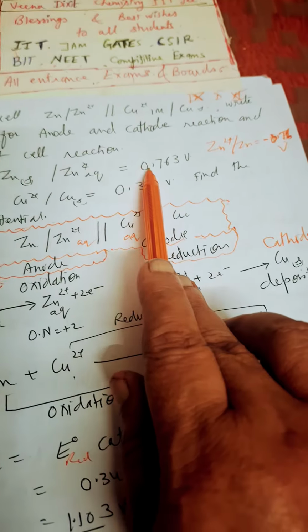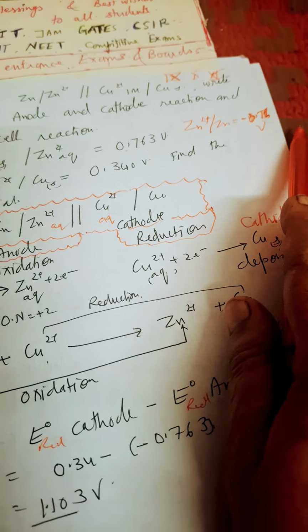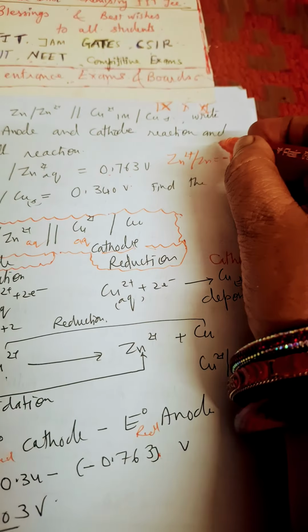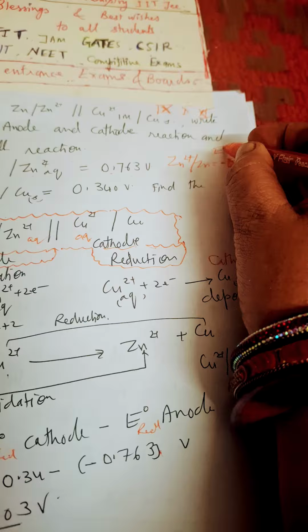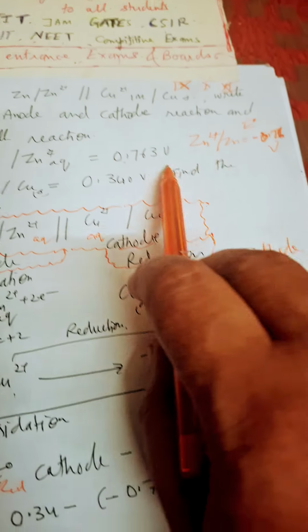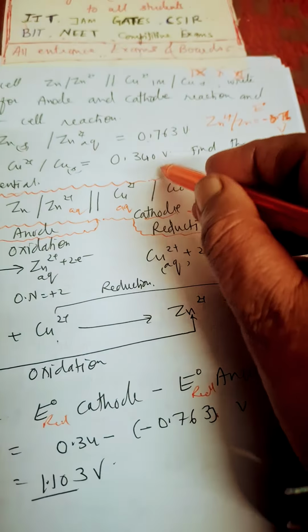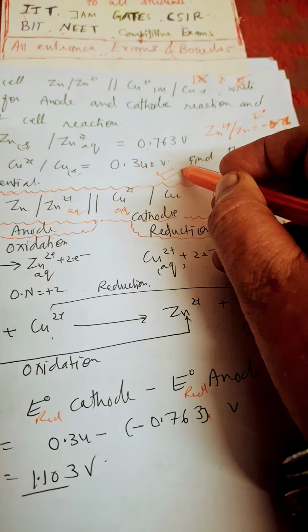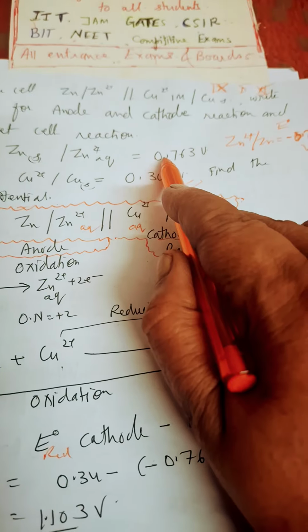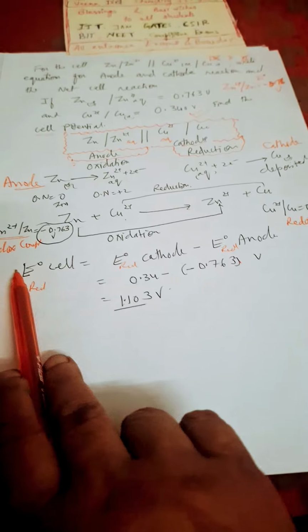This is oxidation potential; we have to write the standard reduction potential. At that time only the sign will be changed. Here they have given oxidation potential, so convert it into reduction potential, then put this value over here.